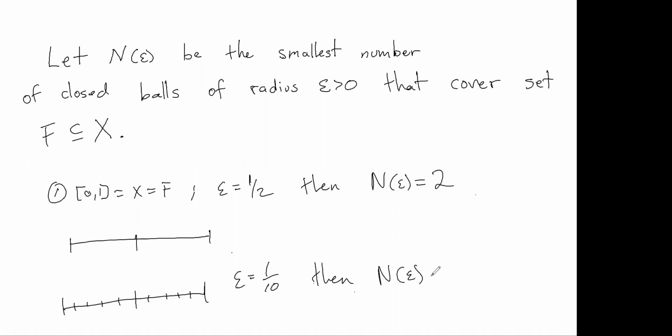Then N epsilon is 10. And in general, N epsilon here is going to be approximately the same as epsilon. We'll write a constant times epsilon. Actually, exactly epsilon in this case. But if we consider different things, the common property is going to be approximately a constant times epsilon to the first power.